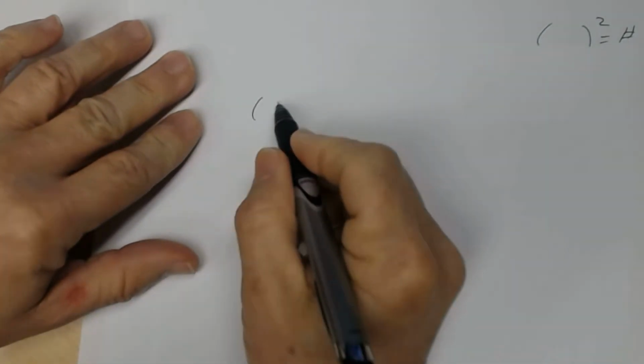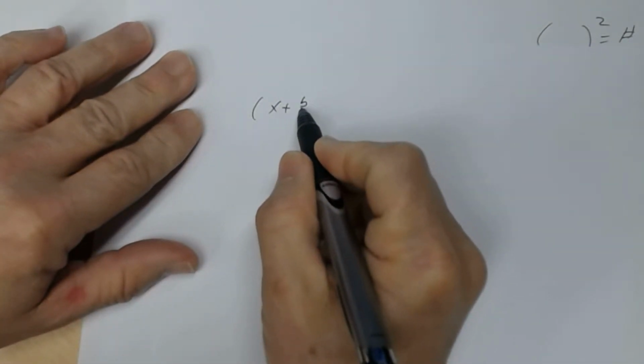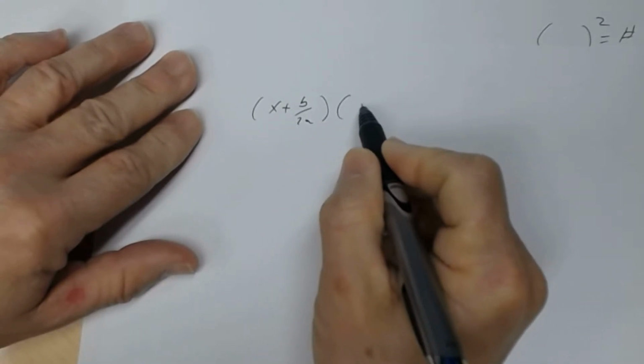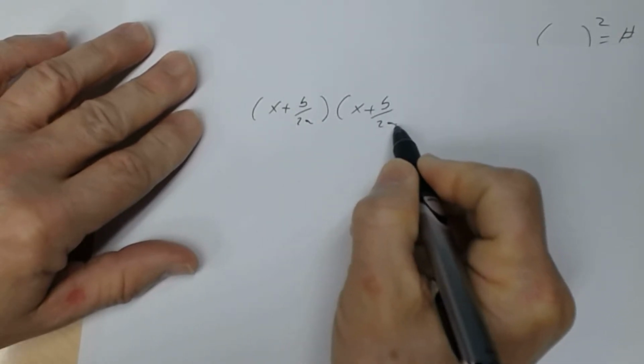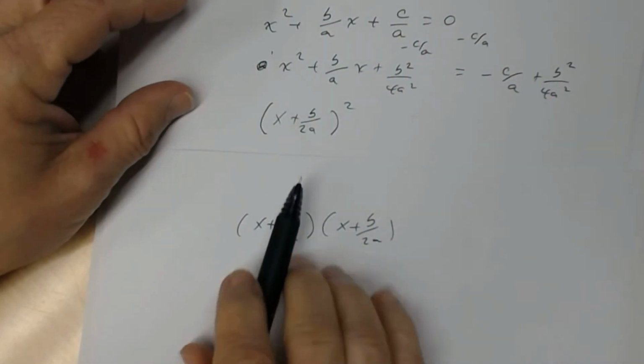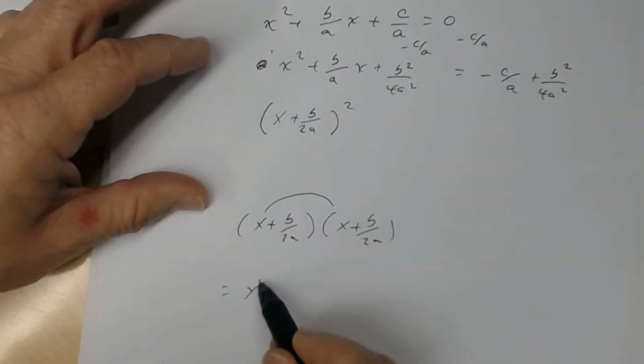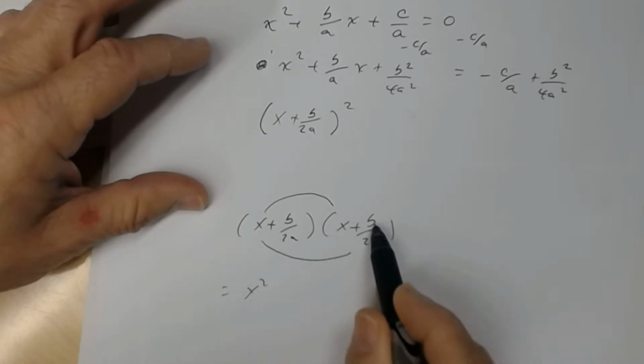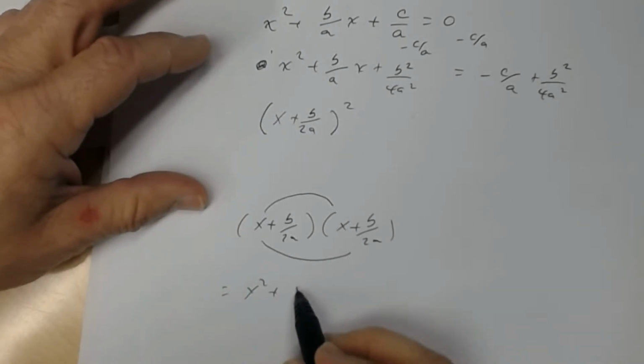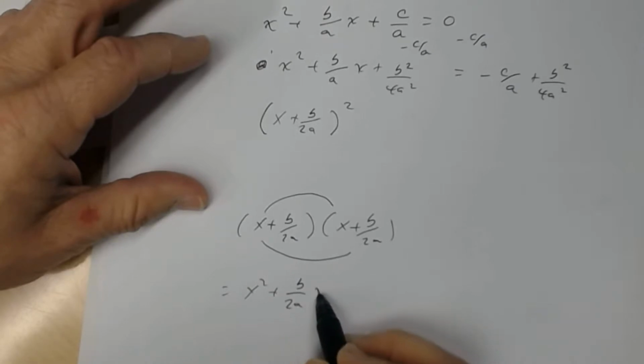So when I rewrite this as x plus b divided by 2a times x plus b divided by 2a, and I use the FOIL method, x times x is x squared. The outer, x times b divided by 2a, is b divided by 2a x.